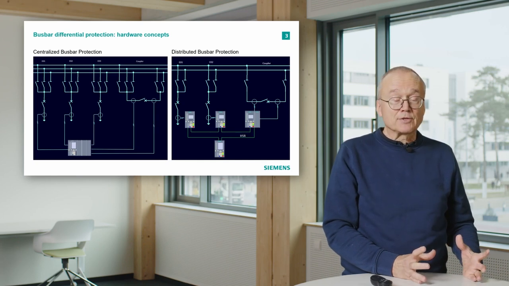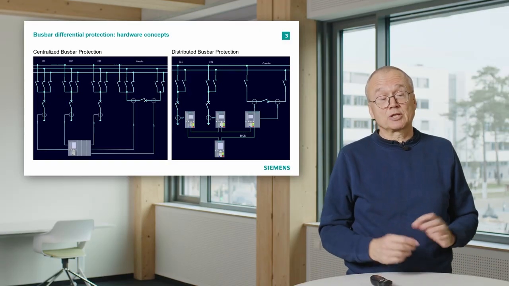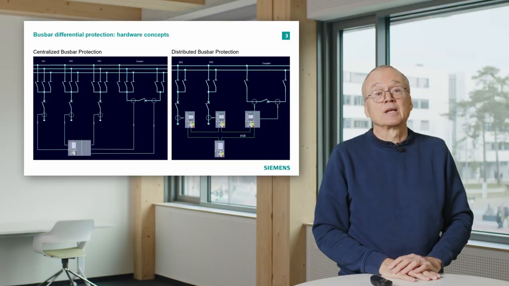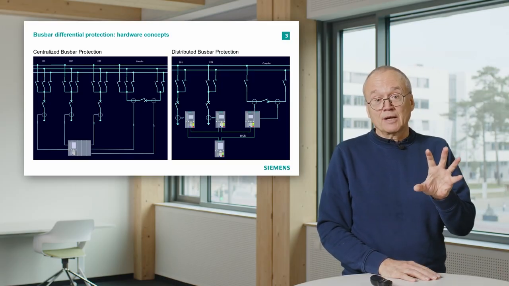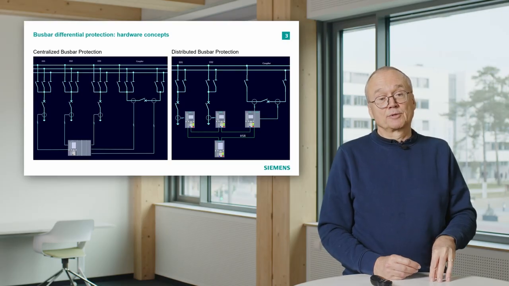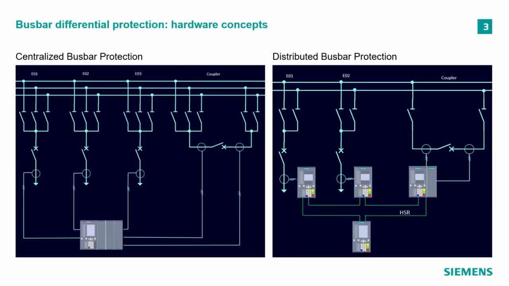Everything is wired to our single device. This makes sense for maybe smaller substations, especially for indoor, where the distances are not that high. That's called the centralized protection, because everything is wired to one central point. On the right side, you have the so-called distributed busbar protection.